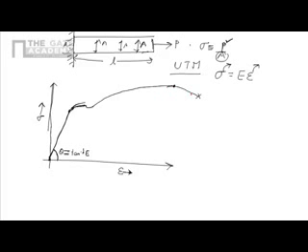Let's see this point till which the curve is a straight line. This is called the proportional limit.